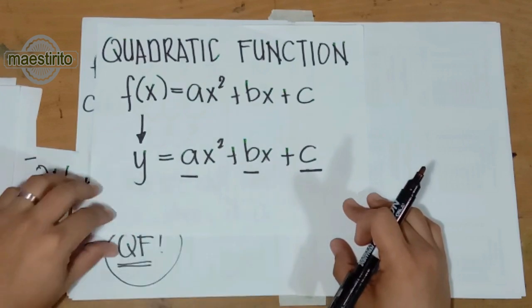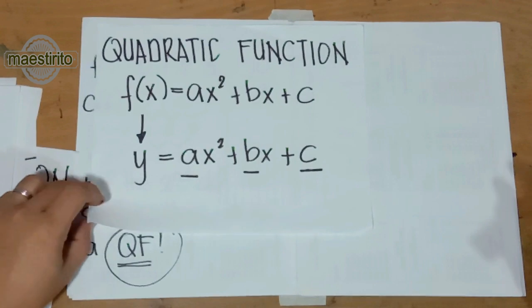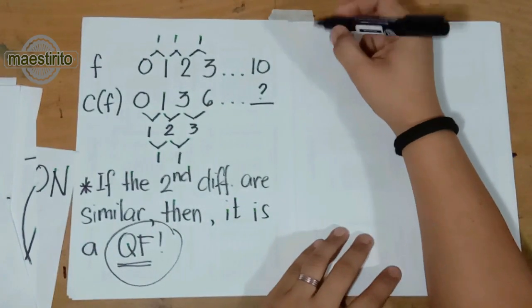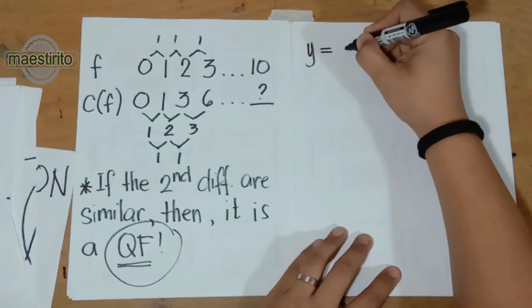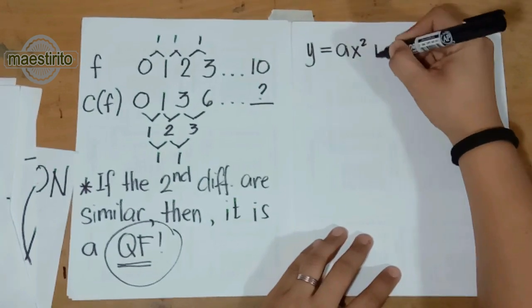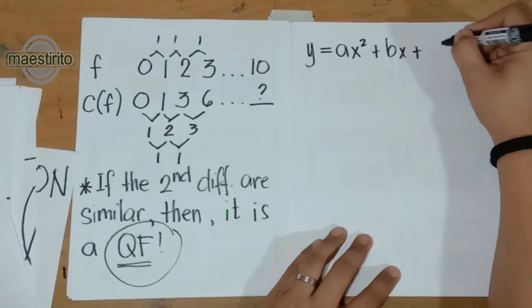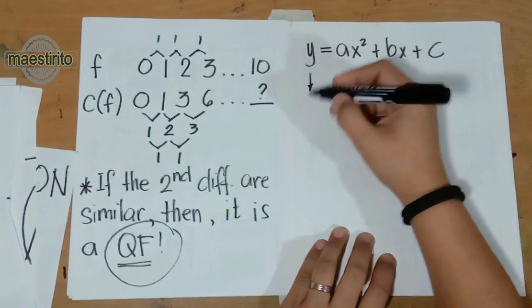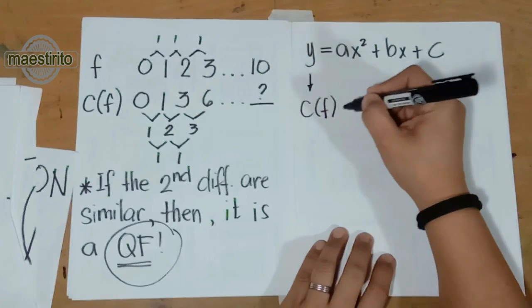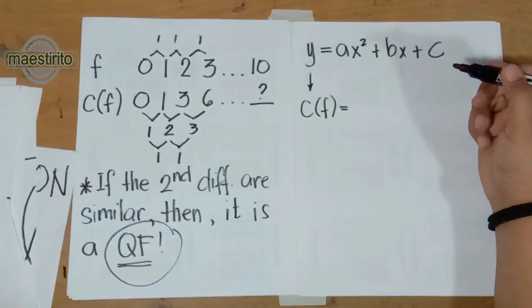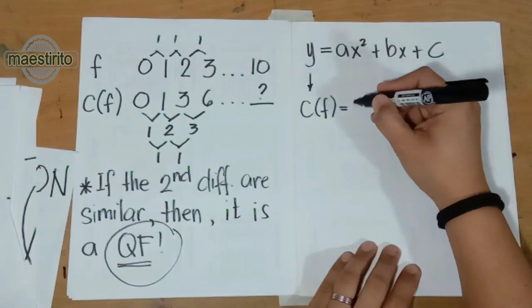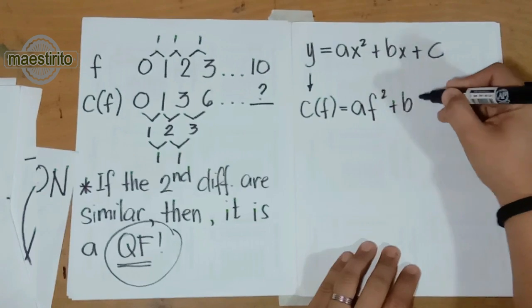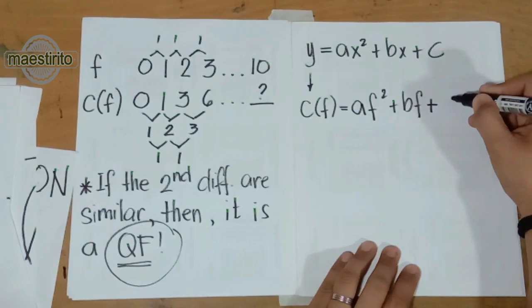Again, whatever term you want to name it, that's fine. So let me write that here. You have here y is equal to ax squared plus bx plus c, since it is a quadratic function. And our y here is c of f, equals a, our x here is the f, so af squared plus bf plus c.